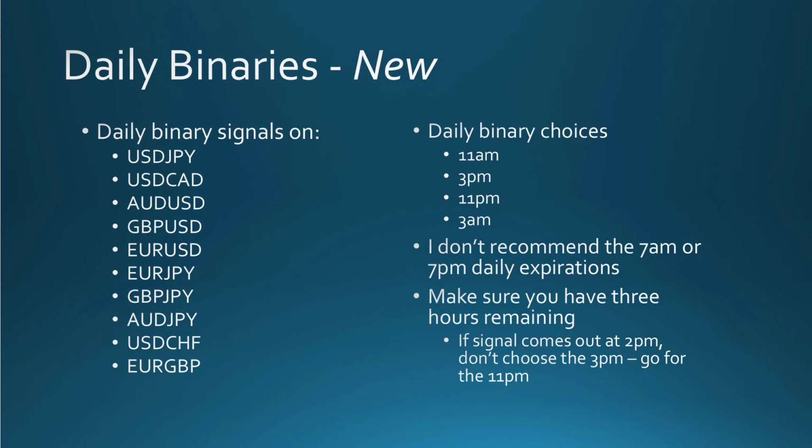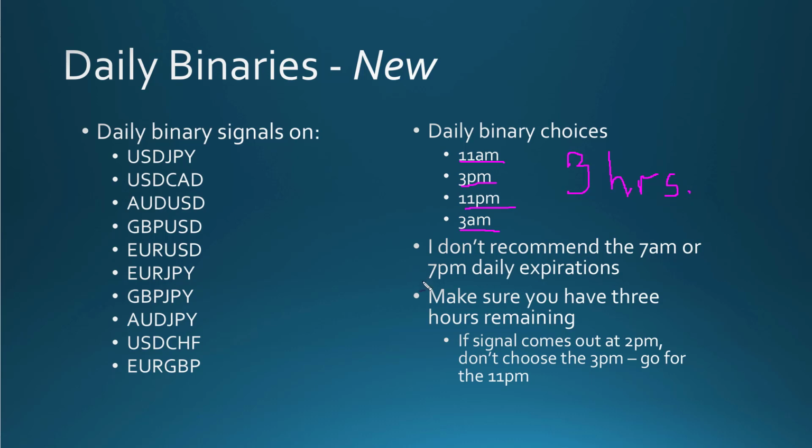Now, this is important to understand, okay? You use the 11 a.m., 3 p.m., 11 p.m., or 3 a.m. You want at least a minimum, okay, of 3 hours remaining in your binary option, okay?